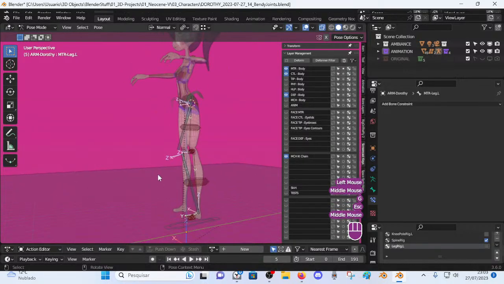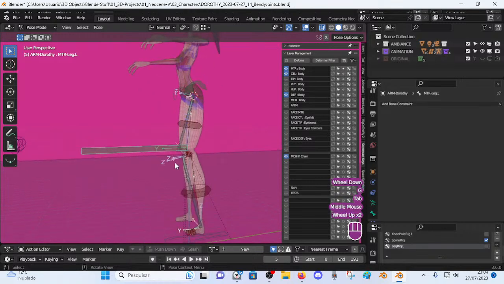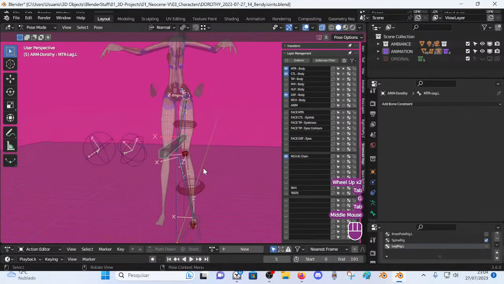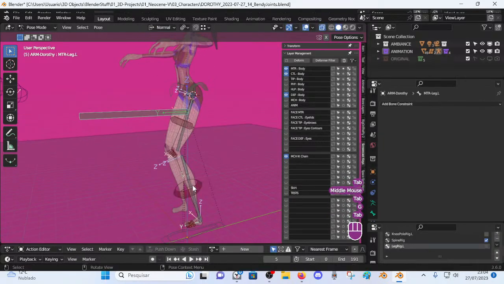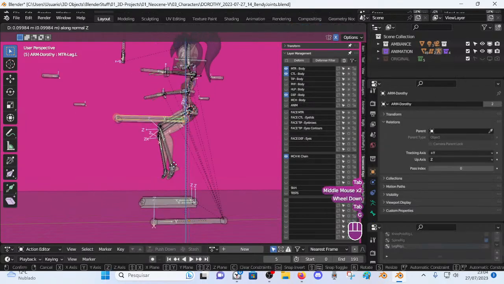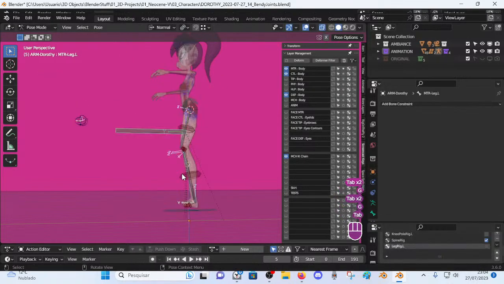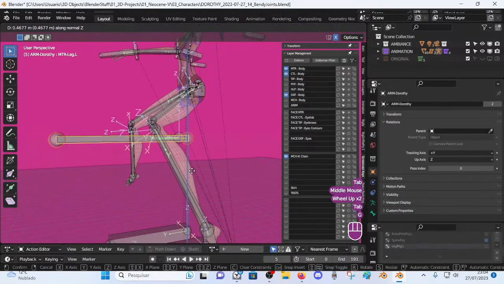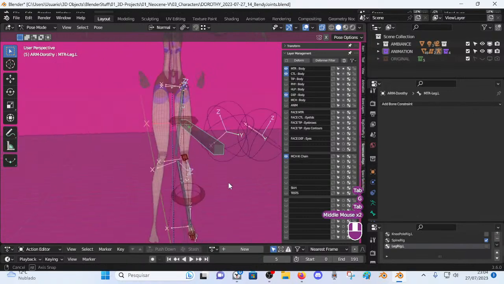Let's see if there is another way. Okay, first let's get this thing back to what would be its original position. Alright, something like here. Now that's fine.